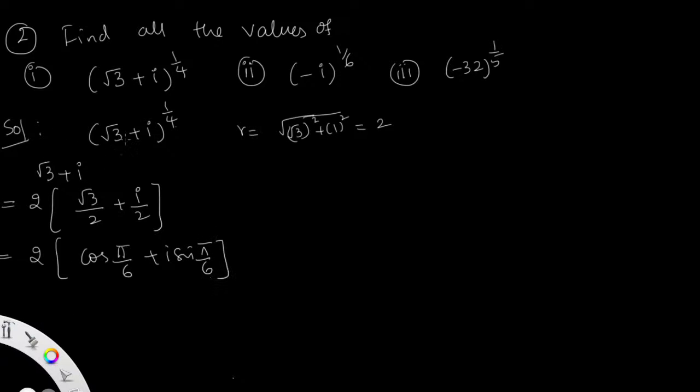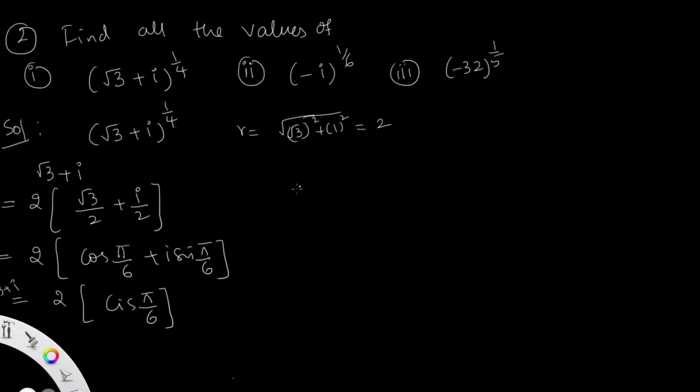So this is the value for the complex number, in simplified form 2 cis π/6. This is the value for √3 + i.